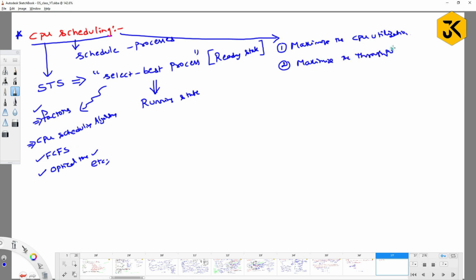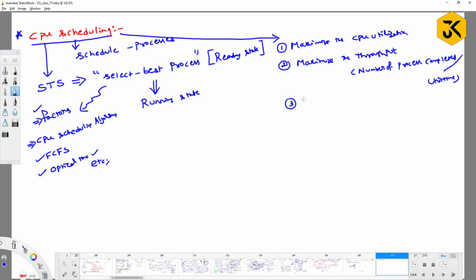Throughput means generally the number of processes completed per unit of time. We have to achieve this.